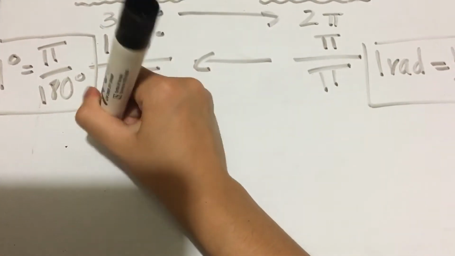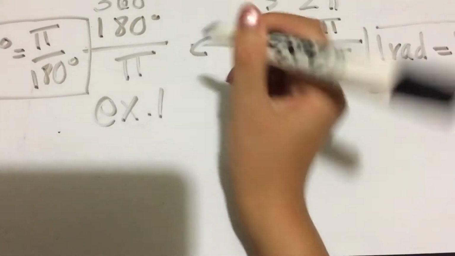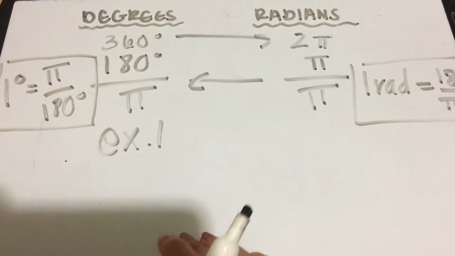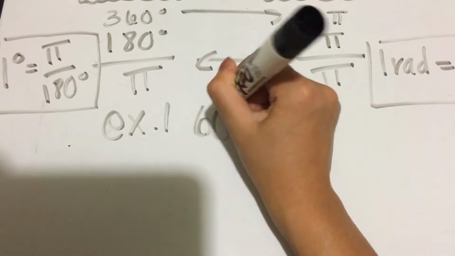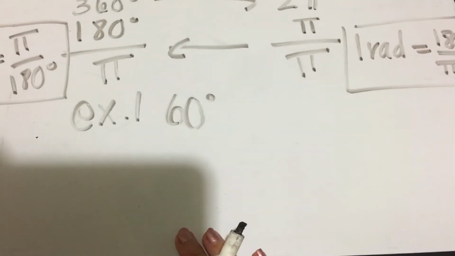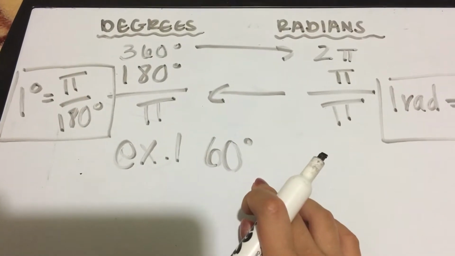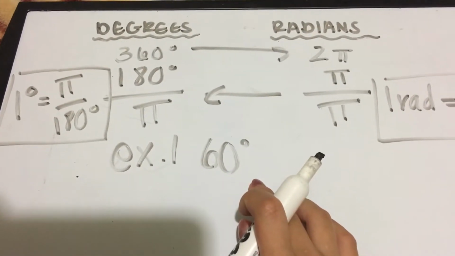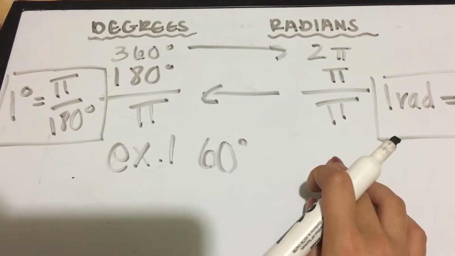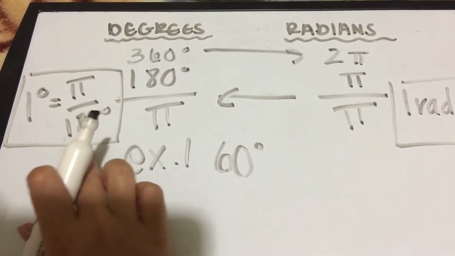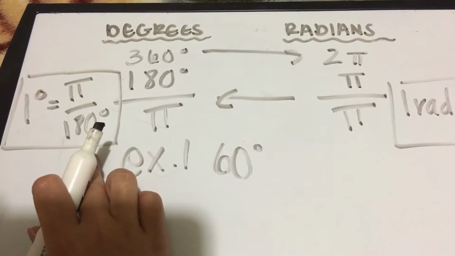Let's start off with a fairly simple example to show this method: 60 degrees. So our problem is in degrees, and we're trying to go from degrees to radians. Since we're starting off with degrees, we have to use this conversion factor.